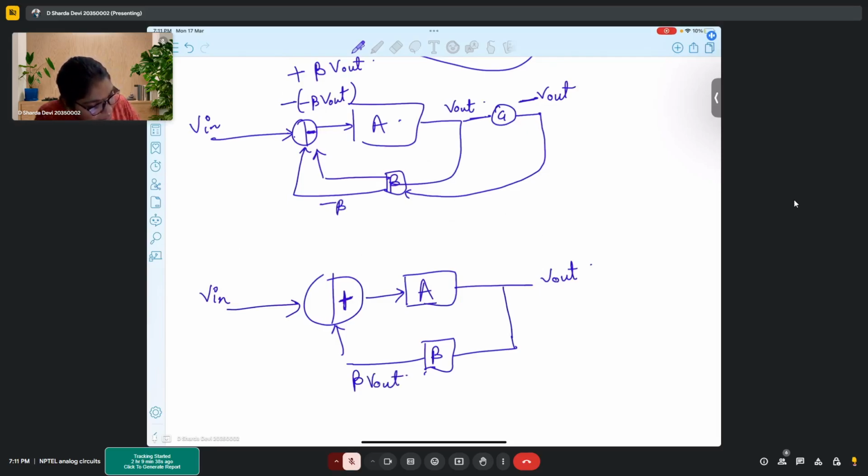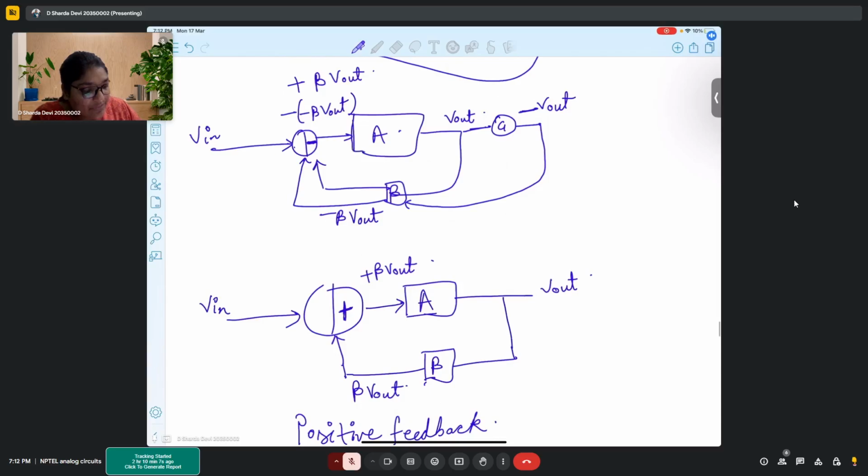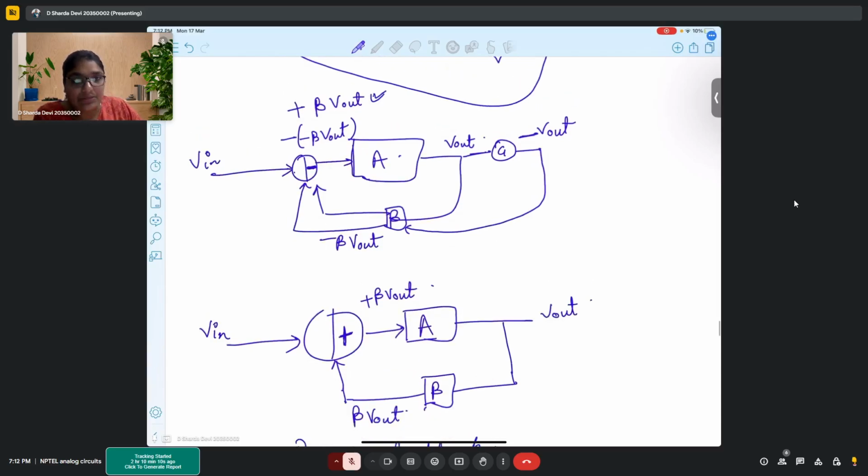Here this was minus beta V out, and when it is passing through this positive feedback, what is actually going into your amplifier is plus beta V out, right? This is what happens when you have positive feedback, correct? But here the feedback is negative, yet what is actually being fed to the input is equivalent to that of a positive feedback.